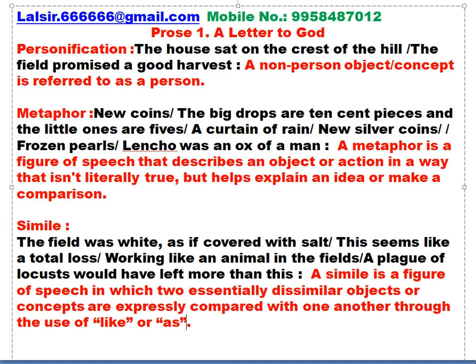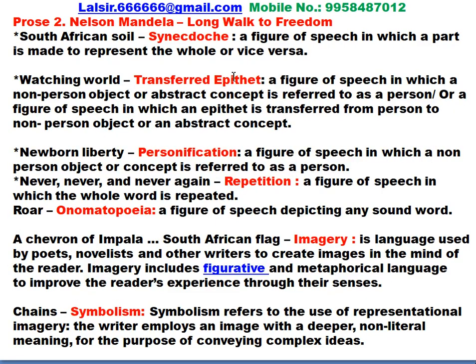Now, going for the next literary device, we find in Nelson Mandela. This is prose number 2, the chapter number 2, prescribed for 10th class. The lesson number 2 is Nelson Mandela, Long Walk to Freedom. When we see the literary devices, we find many good literary devices used by the author in the chapter.